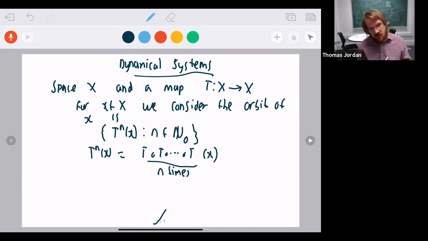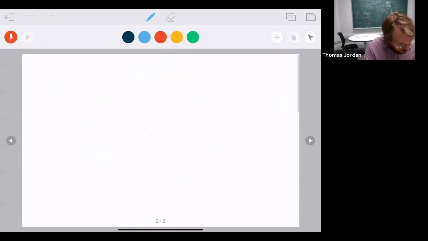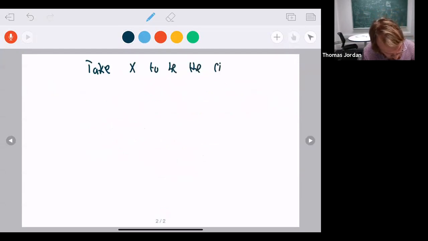Okay, so as I said, I want to look at how randomness can come in when looking at dynamical systems. And so we need a setting, so we need to take a choice of our space X. We're going to take X to be the circle.